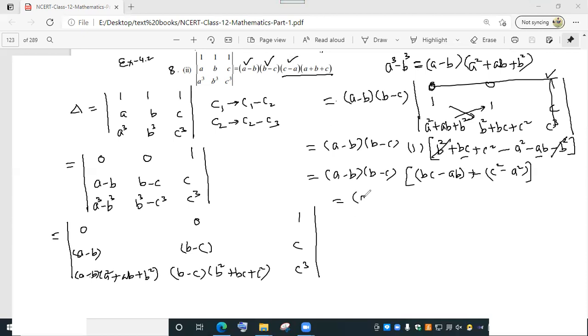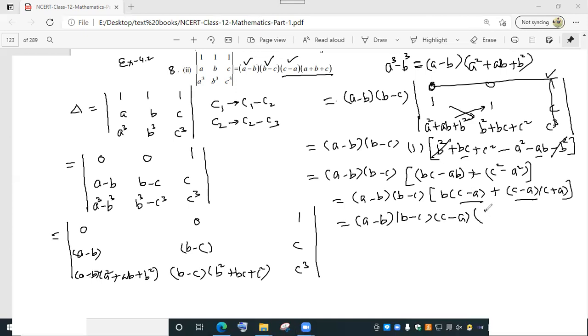We take out c minus a from both terms, so what is left in the bracket is b plus c plus a, giving a plus b plus c.